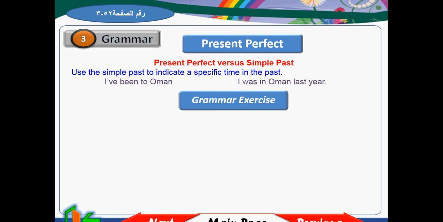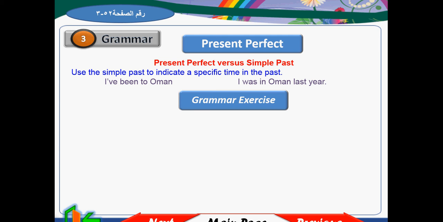But as we explained in the uses of the present perfect, if you said I have been to Oman, this example refers to something you started in the past and continues in the present.